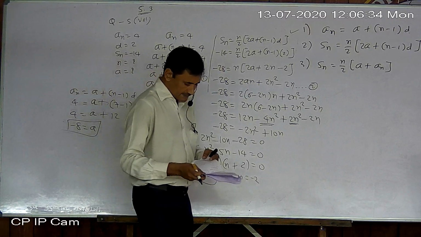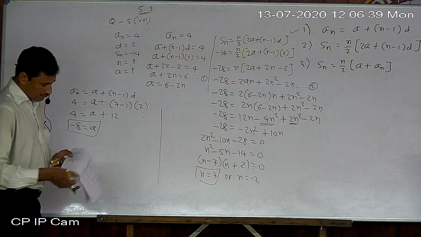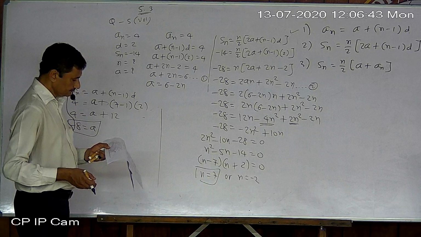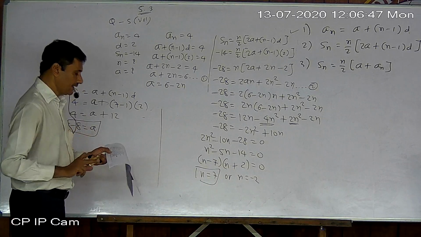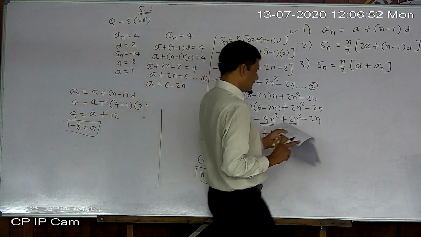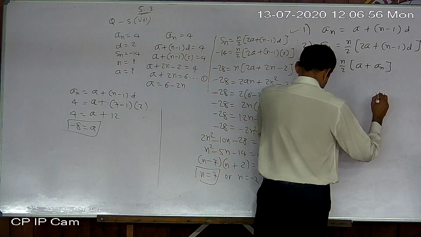Okay, in the same way number 7. In number 7 also a n is given, s n is given. Just like this one: a n given, s n given, a given. Okay, a n, a and s. So number 7 is in homework, just look there.